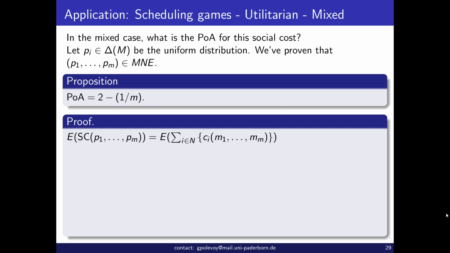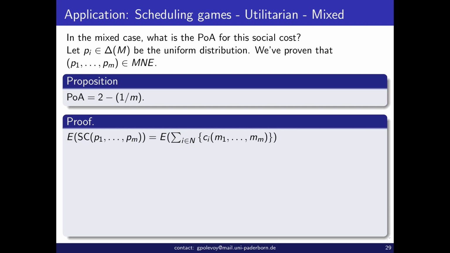And the proof is as follows. We first prove the price of anarchy is at least, and then that it's at most.